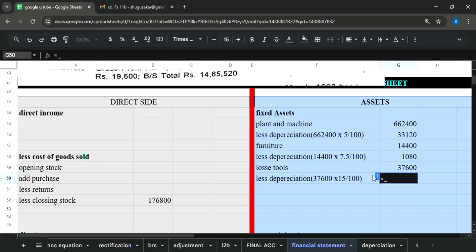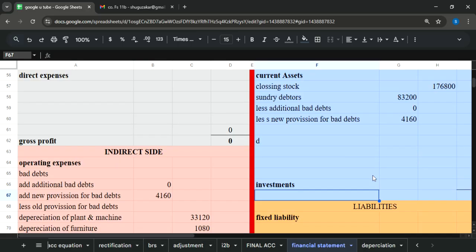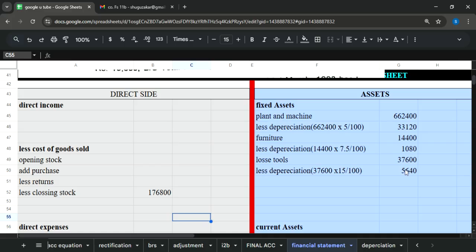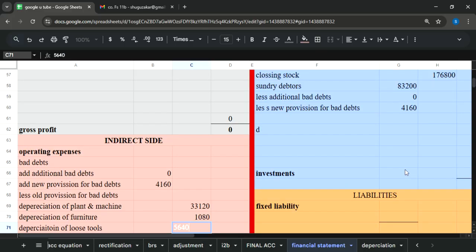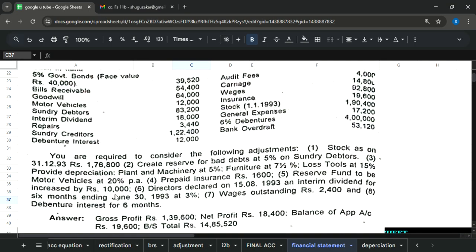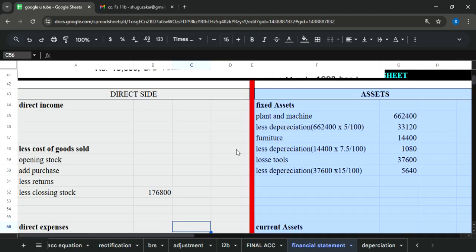This was the amount of asset, and then you have taken 15%. So depreciation of loose tool is also available, and now we will be recording depreciation of loose tool in operating expenses. So this depreciation was 5640. Write down over here. Depreciation is also recorded. Two effects are completed. After that, motor vehicle is also required to be depreciated.